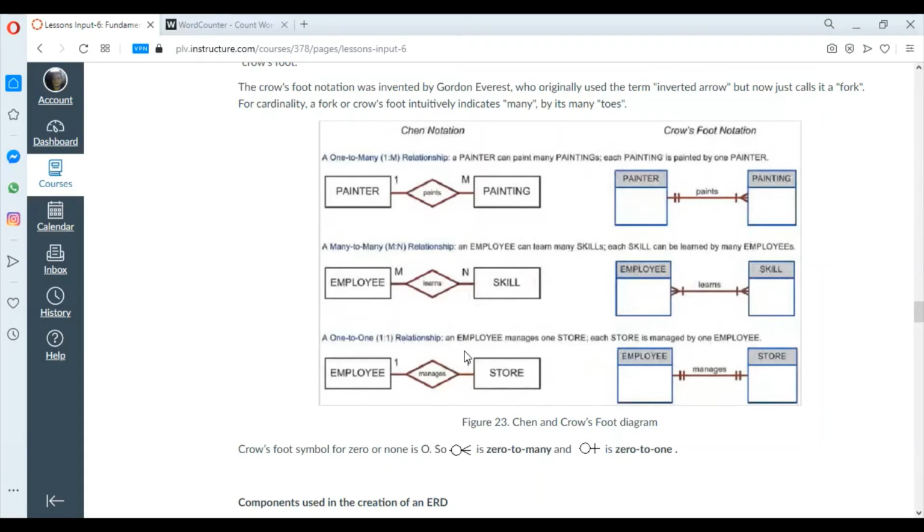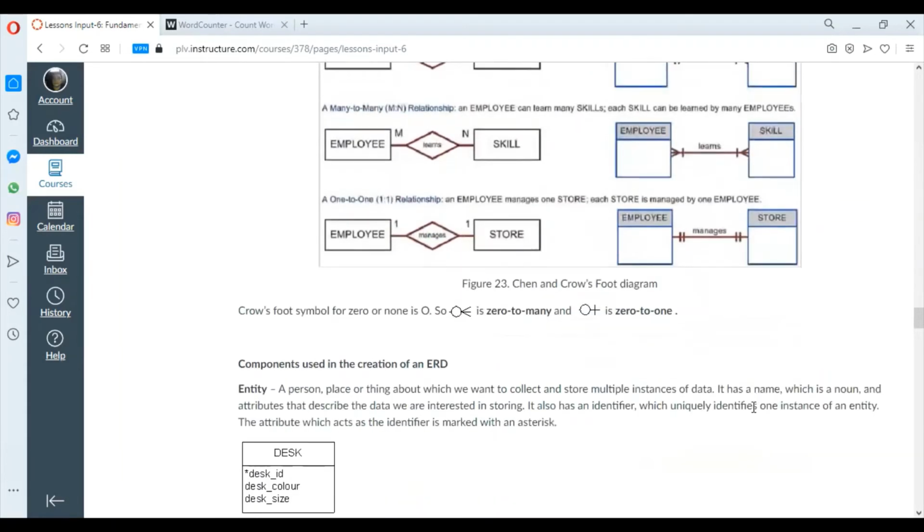For the plurality or for the count, Chen notation uses 0, 1, M, or N, whereas Crow's Foot uses line symbols: 1 for singularity, a circle for 0, and three lines or a fork for many.